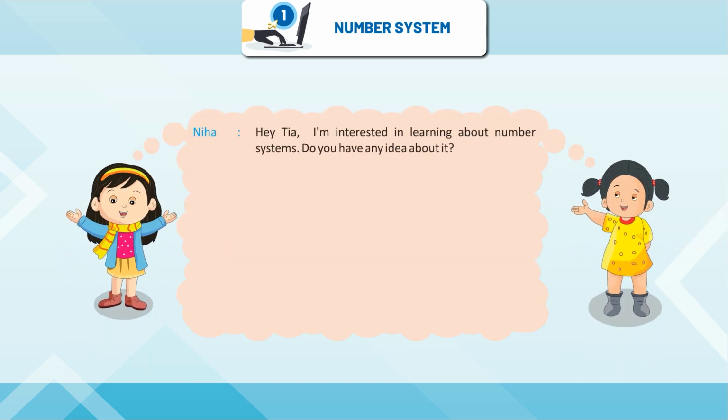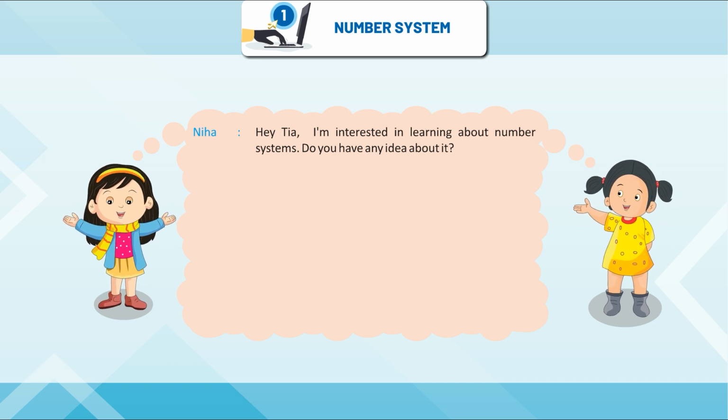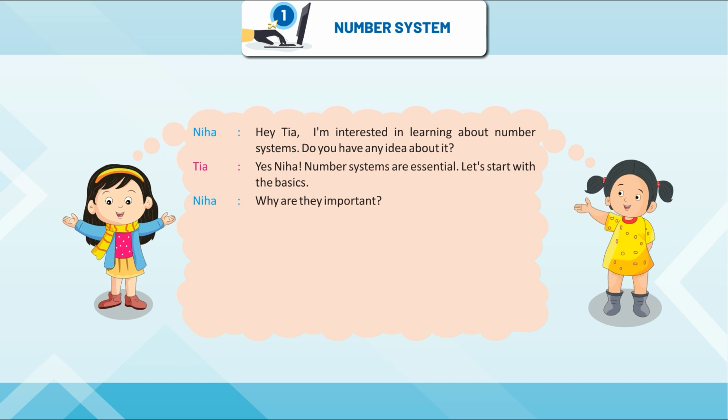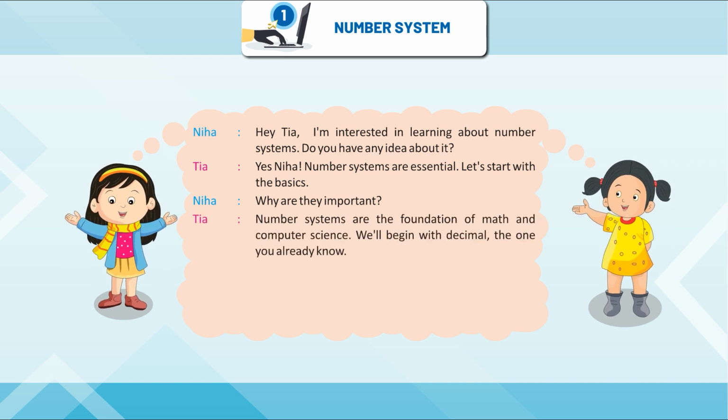Neha. Hey Tia, I'm interested in learning about number systems. Do you have any idea about it? Tia. Yes, Neha. Number systems are essential. Let's start with the basics. Neha. Why are they important? Tia. Number systems are the foundation of math and computer science.